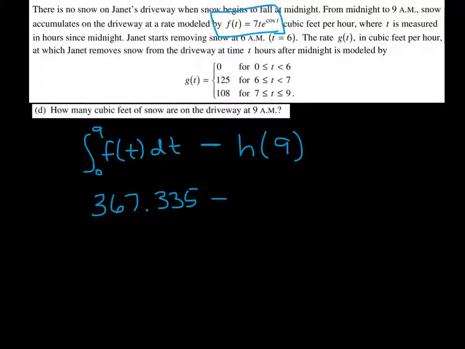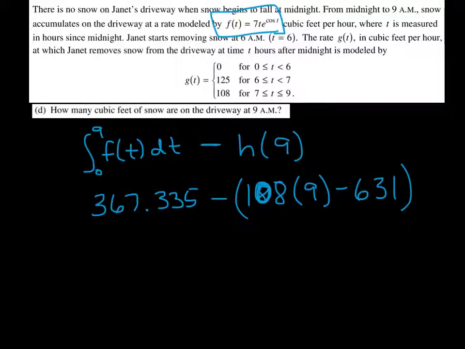So I'm going to go back and grab the formula for h of t between the hours of 7 and 9. I have that formula as 108t, where t is 9, minus 631. Evaluating 108 times 9 minus 631 in my calculator gives 341.